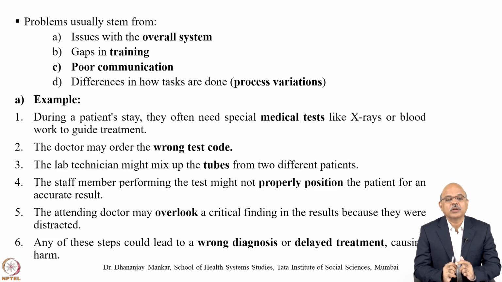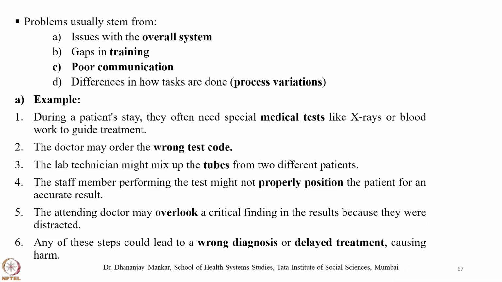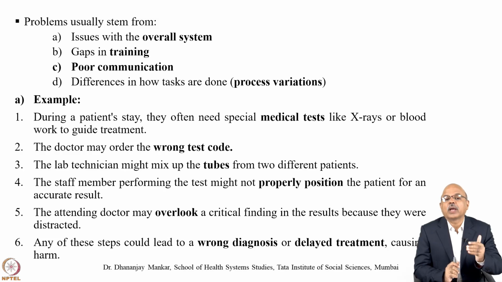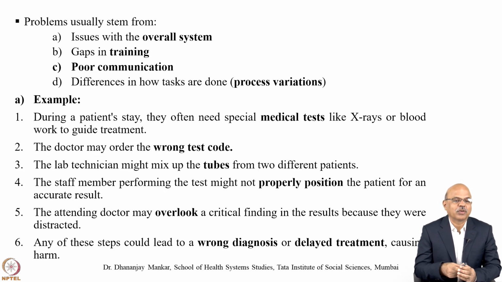The attending doctor may overlook a critical finding in the result because they were distracted. Any of these steps could lead to a wrong diagnosis or delayed treatment, causing severe harm to the patient. And if most of these steps come together, what a havoc a patient can face.